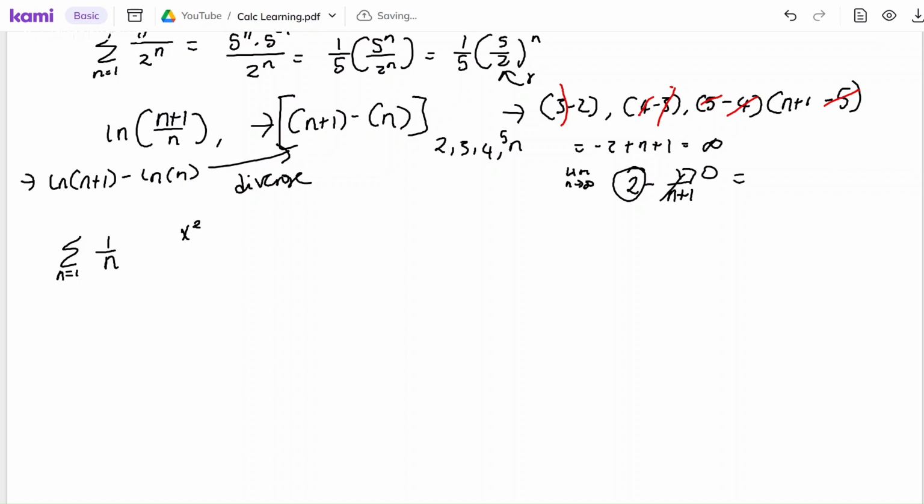Actually, x would be on the bottom, right? If you integrate it with u-sub, yeah, x would be at the bottom. So something like x squared plus 1 over x.